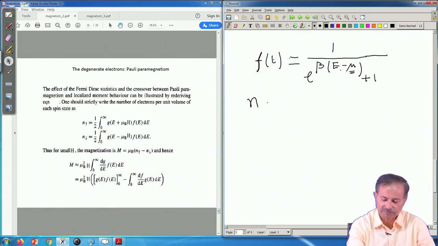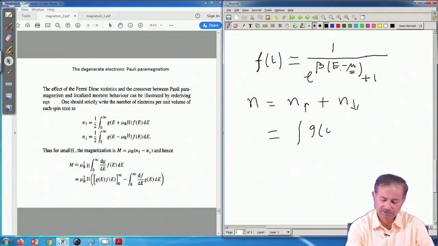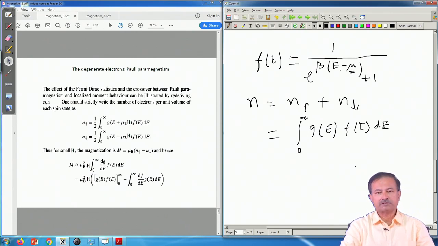So, let us just look at the value of n, the total number. Total number is n up plus n down. If you use the n up and n down that I got on the previous page, then you will land up with this equation: the integral of G(E) F(E) dE.